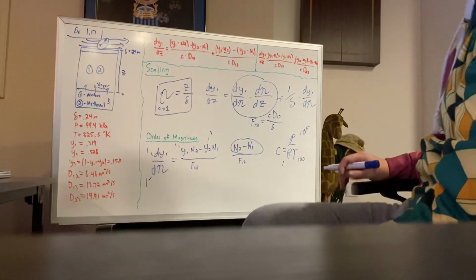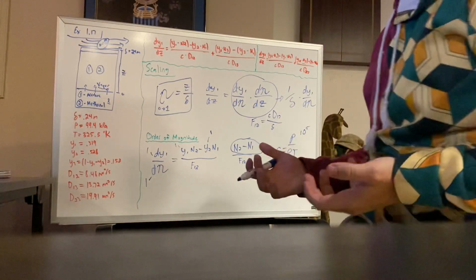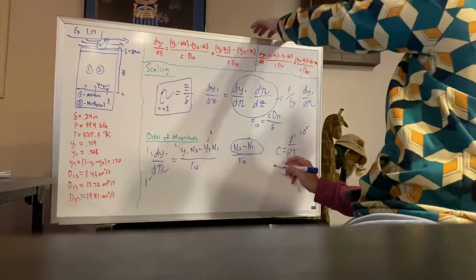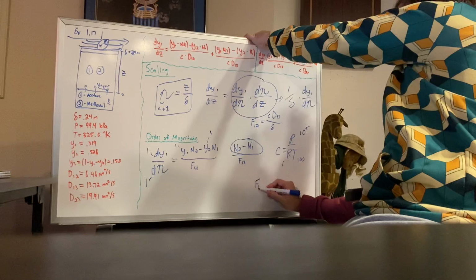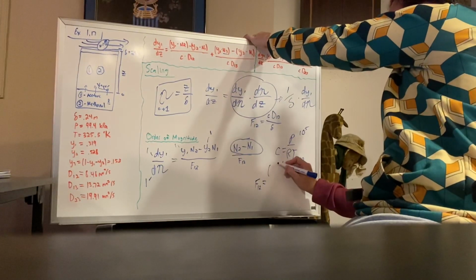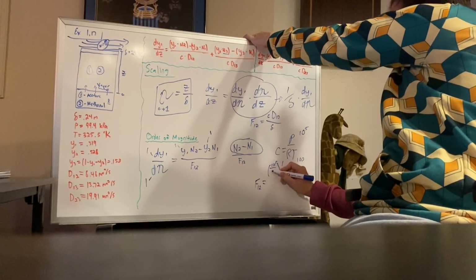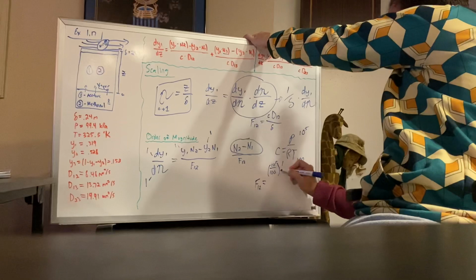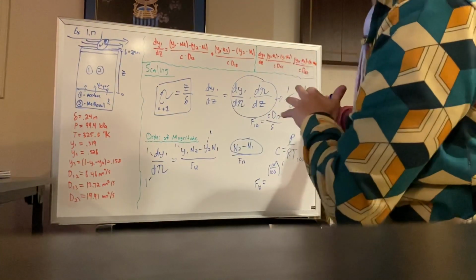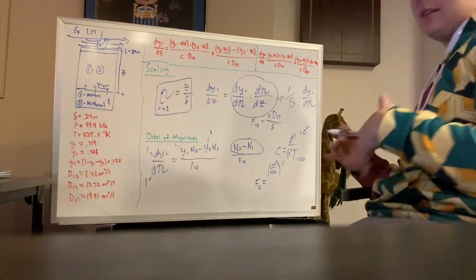And so now that we have this, we're going to rewrite F12. What we have is 10 to the 5th all over 100 multiplied by D12. D12 is going to be 10 to the negative 5th.